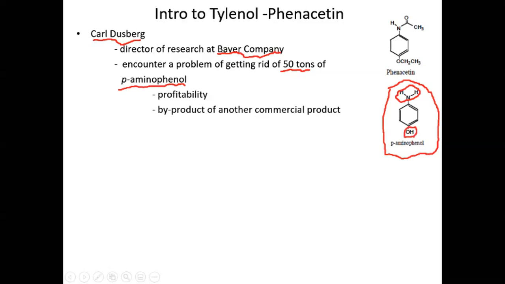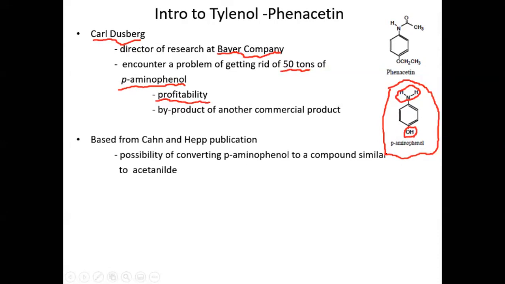And so he wanted to find a way to take this chemical and make some money for the company, because it was a byproduct in another industrial process. So he found this article by Kahn and Hepp, and he thought of a way of maybe taking para-aminophenol and converting it to something similar to acetanilide that had the same medicinal properties.